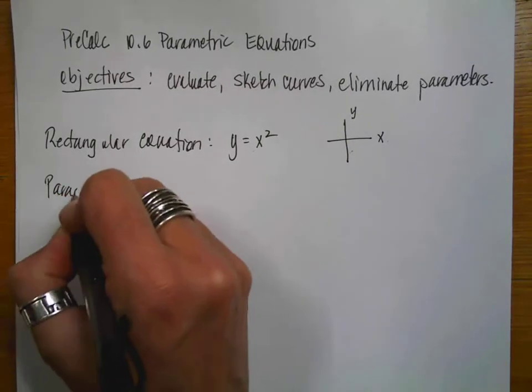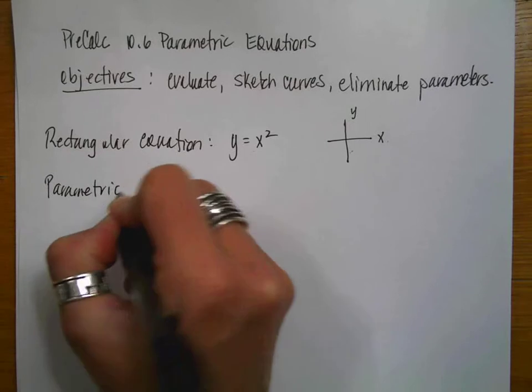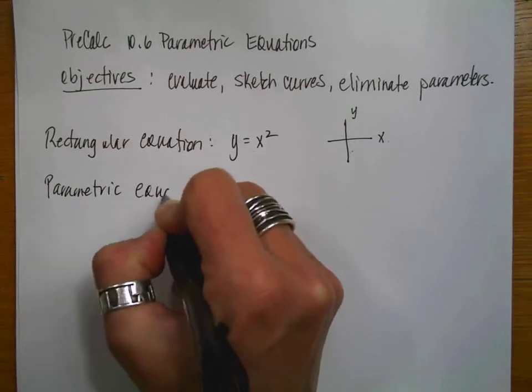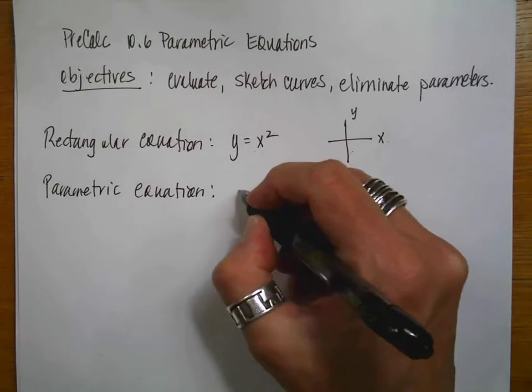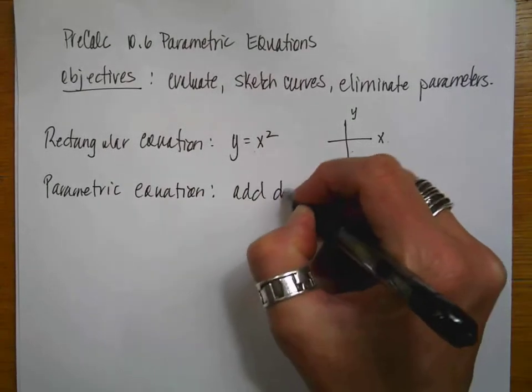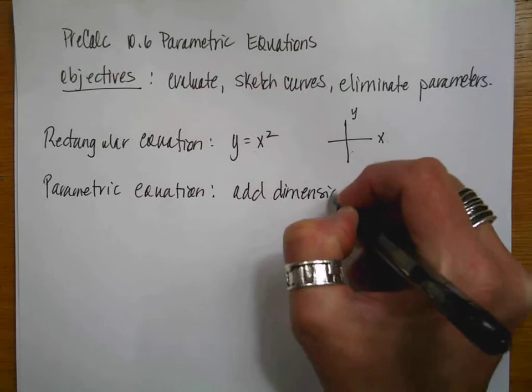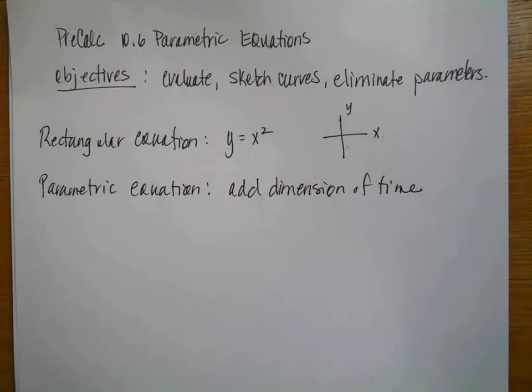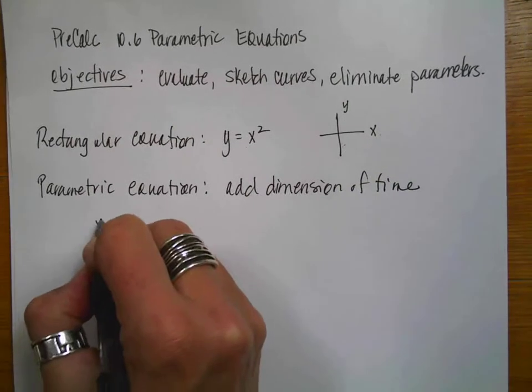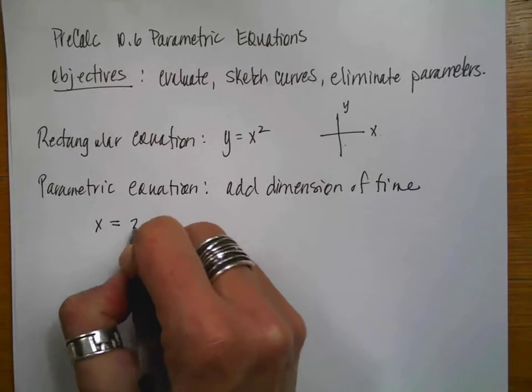A parametric equation, on the other hand, is kind of cool. It adds a new dimension. Okay, we're not talking sci-fi movies, but we're going to add the dimension of time. And so our equations are going to require two sets of equations.